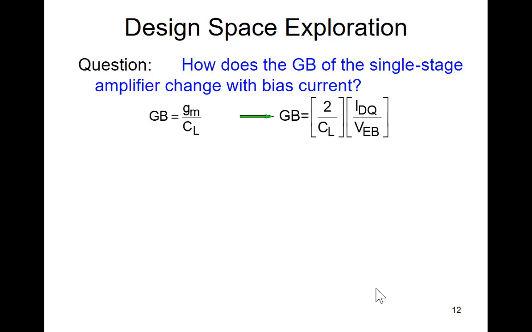So let's ask the question, how does the gain bandwidth product of a single stage amplifier change with bias current? I made a statement last time that the gain bandwidth product depended linearly on power. Remember that statement?